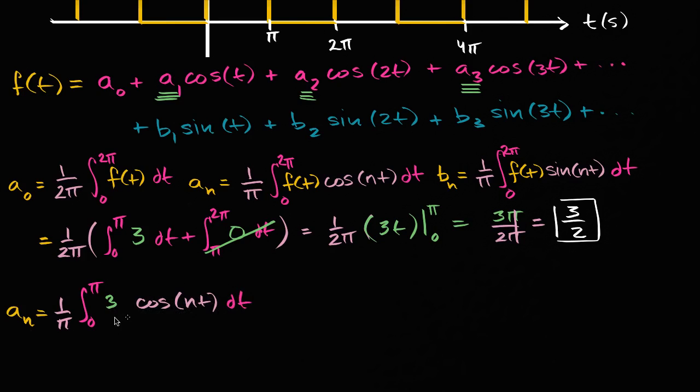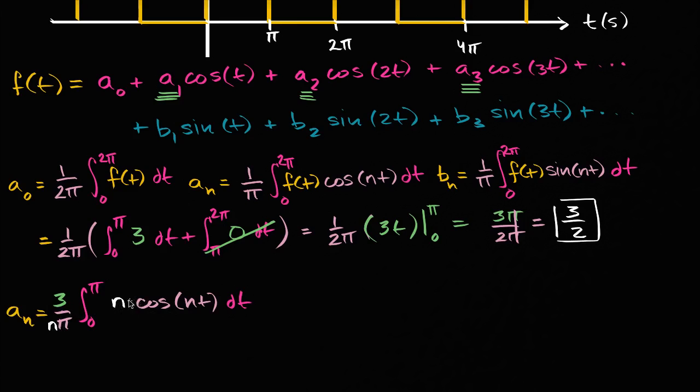Now, what is this going to be equal to? Well, we can do a few things. We could take our 3 and bring it out front. And we know that the derivative of sine of nt is n cosine of nt. So let's multiply the inside by n, and then we could also divide by n, but we could put that outside.